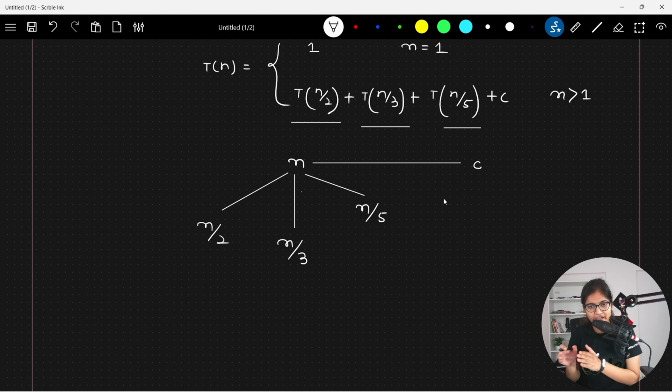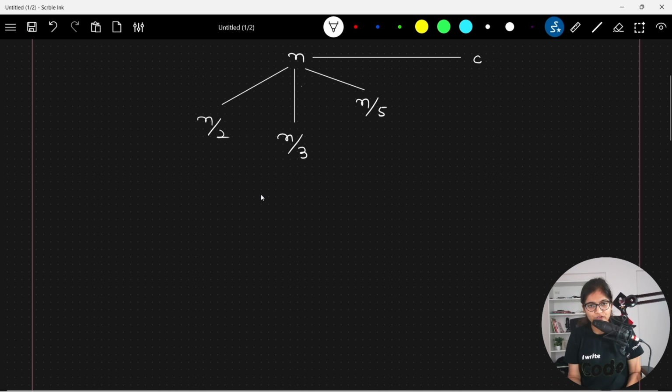Just observe one thing: on the left side we are multiplying our elements by 1 by 2, in the middle by 1 by 3, and on the right by 1 by 5. The same approach applies here.